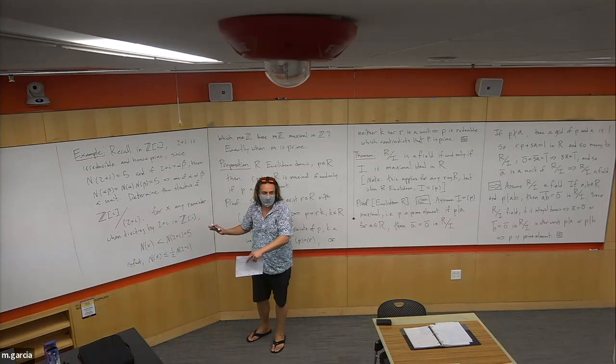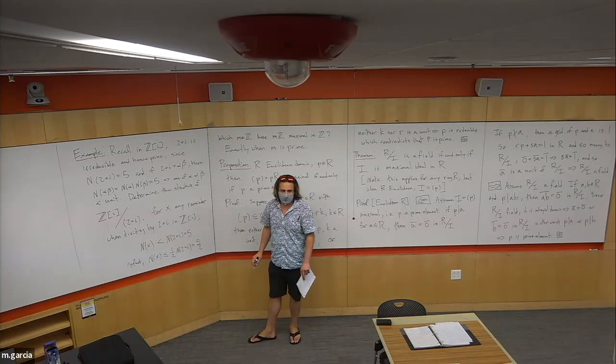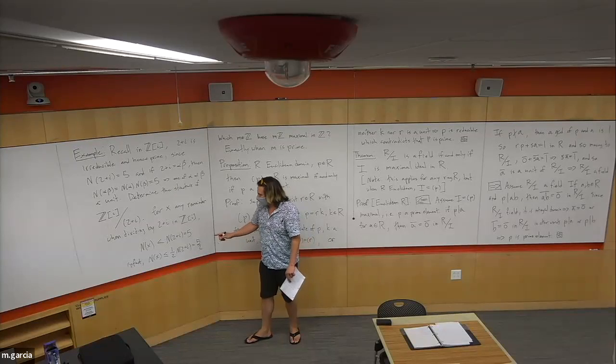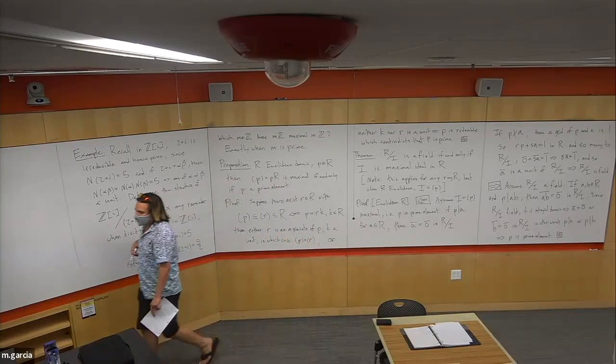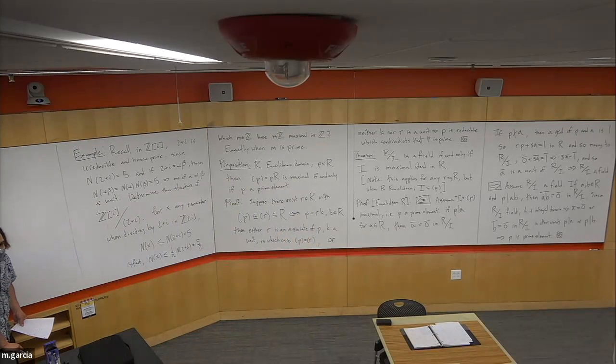So that is 5/2. The norm of any remainder when dividing by 2 plus i has to be less than or equal to 5/2. The norm is always an integer, right?